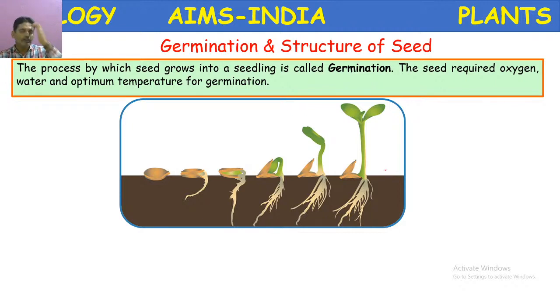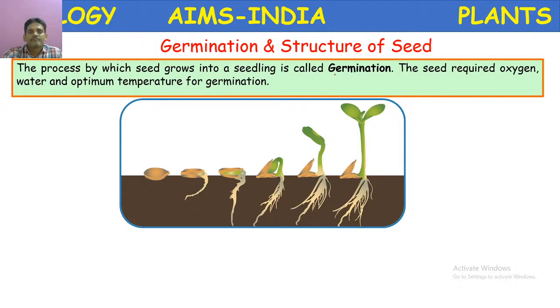Later, you can keep them in a light, transparent cloth and hang it so that it will produce these roots called radicles, and slowly it also shows the plumule. So this is germination.